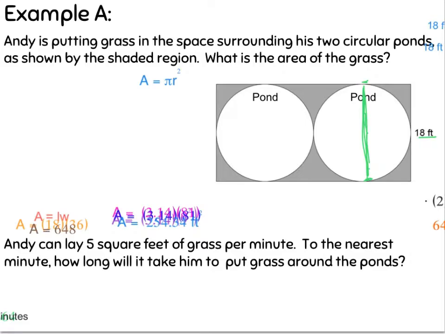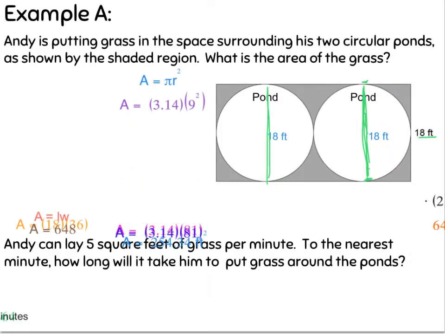And that will be my diameter. So for the first circle, it's 18, and for the second circle, it's 18 as the diameter. If the diameter is 18, the radius is half of that, and half of 18 is 9.